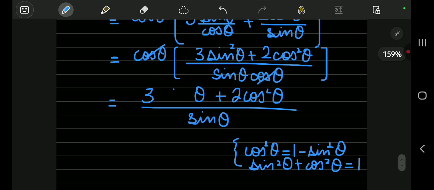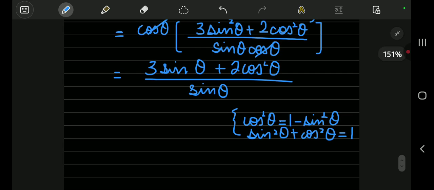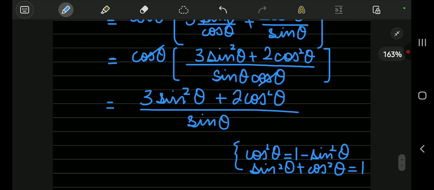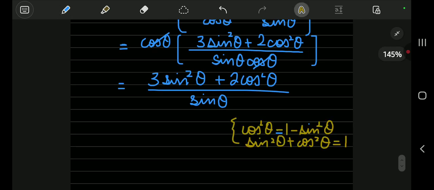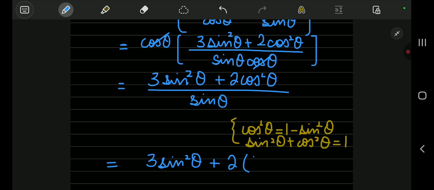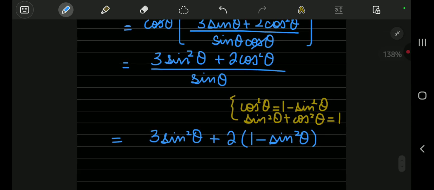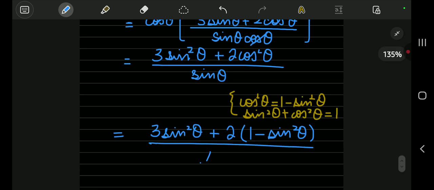So, okay, what we had was 3 sine square theta. When we take these formulas, we get 3 sine square theta plus 2 times 1 minus sine square theta over sine theta.